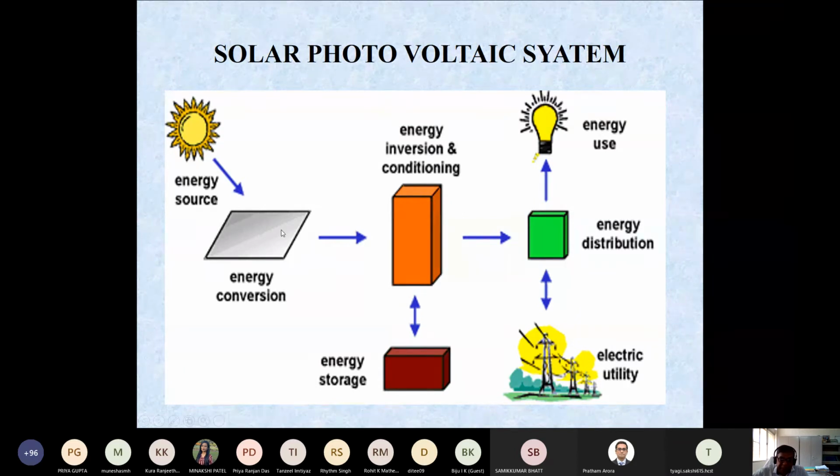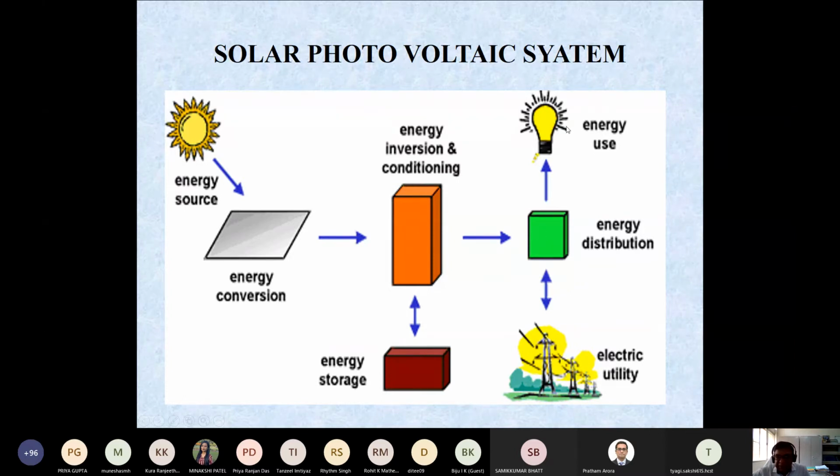Power conditioning is needed because the quality of the electricity may not be directly useful for you. You need to modify this. PV generator generates DC, so you want to convert DC into AC, so you need conditioning of this power. The inverter will come under the power conditioning unit.